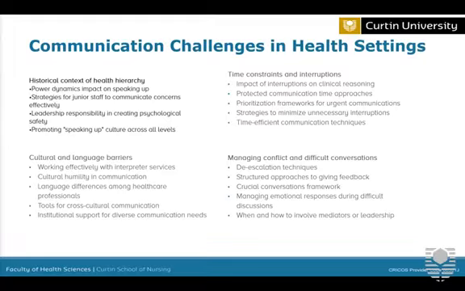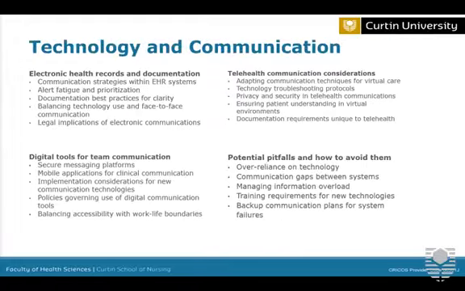Managing your own emotional responses and others' emotional responses during difficult situations is a particular skill, and when and how to include mediators or your clinical leaders in conversations are again things that you will unpack in semesters 2, 3 and 4.